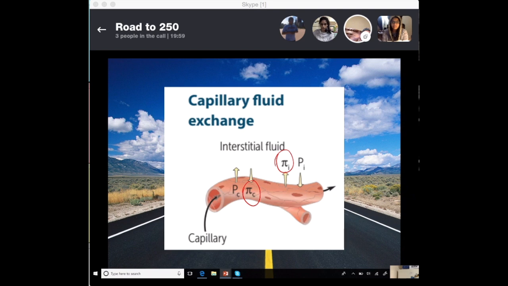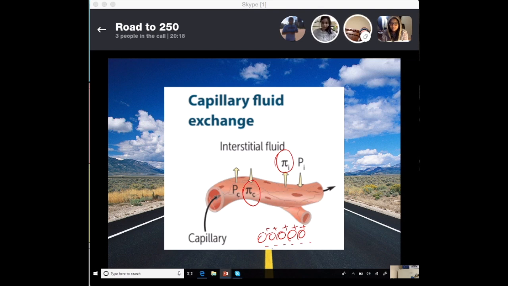What does oncotic pressure mean? Protein. Right. So if you have a protein, it has a charge to it. Negative. Albumin protein has a negative charge. Correct.